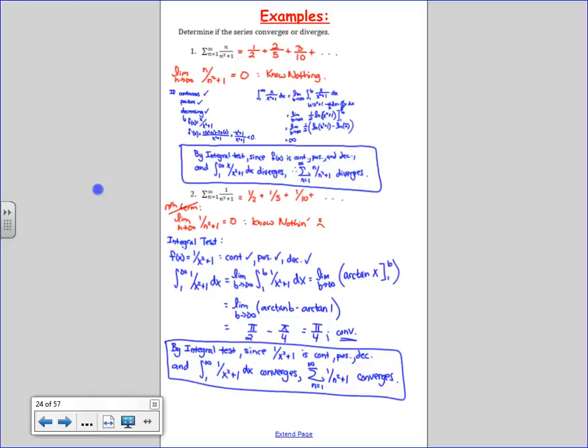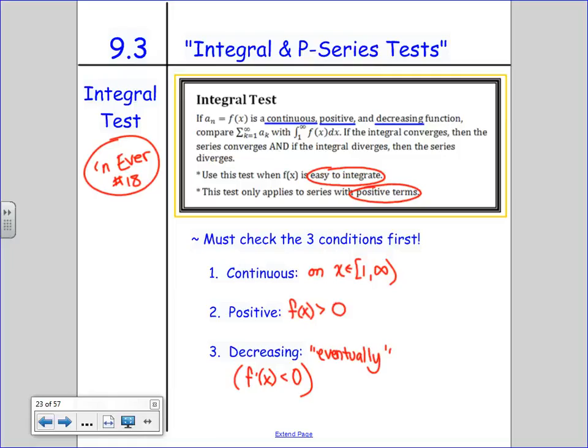So it's harder and harder. Think, we have the geometric test, the nth term test, and the integral test, and if none of those work, uh-oh. Why would this not work? Because it's not continuous, not positive, or not decreasing. If any one of those is false, I can't use it, right?